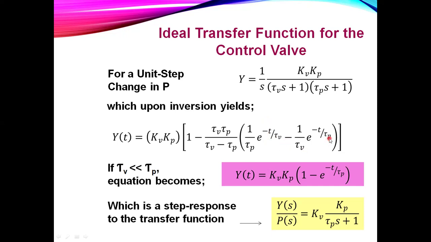Whereas this one is very large compared to tau sub v, so it will be small, because dividing something by a large value will make it small, but dividing something with a very small value will make it large. However, your exponential functions here are negative in nature. So having a negative exponent for your exponential function will make its value very, very small. You increase your exponent negatively, this will be very small.